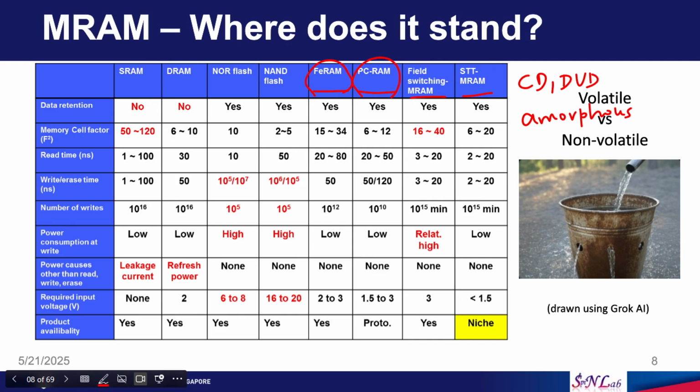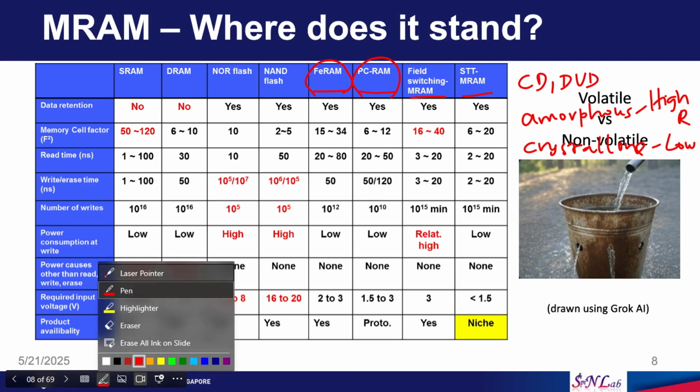When you heat them and cool them slowly, they will be crystalline. Okay. So, this PC RAM has a high resistance in the amorphous phase and low resistance in the crystalline phase. Okay. So, you can store 1 and 0 using PC RAM.